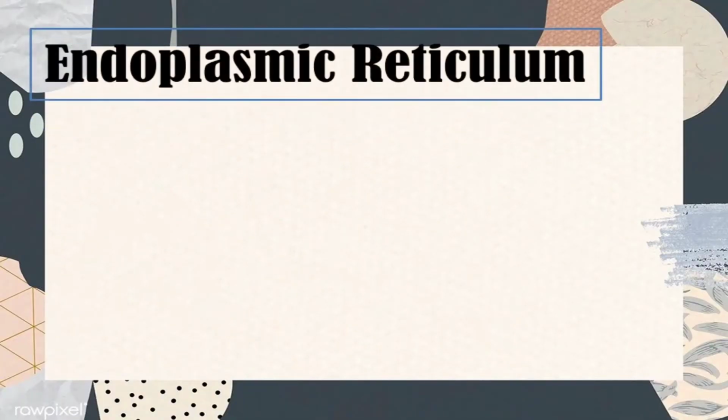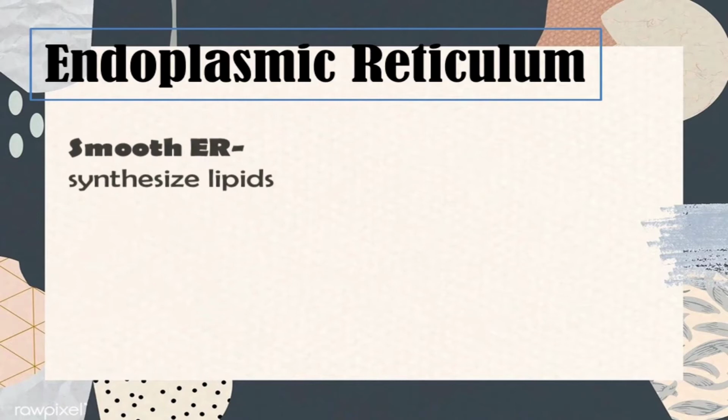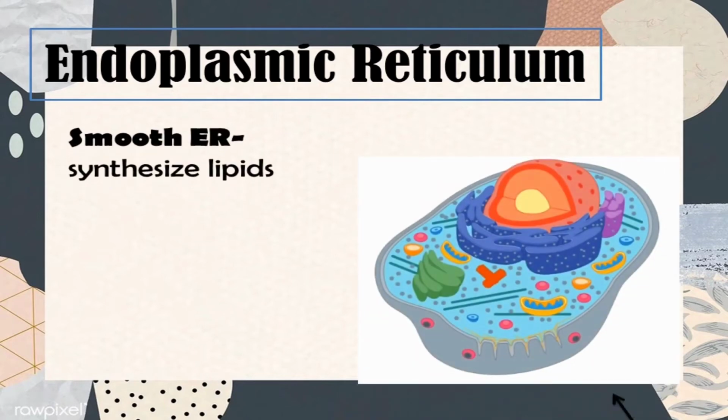Endoplasmic reticulum, an organelle that carries stuff around in the cell. Its membrane is a phospholipid bilayer, the same as the cell membrane. There are two types of endoplasmic reticulum. The smooth ER is like a factory warehouse that contains enzymes that create important lipids and also help the cell detox all unwanted materials.